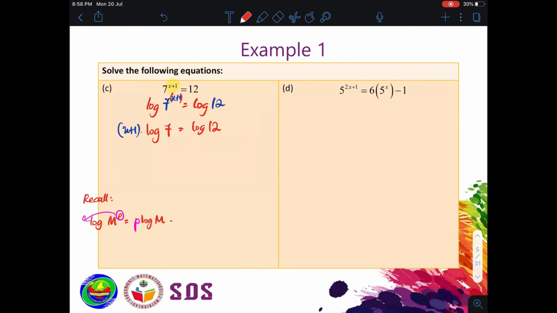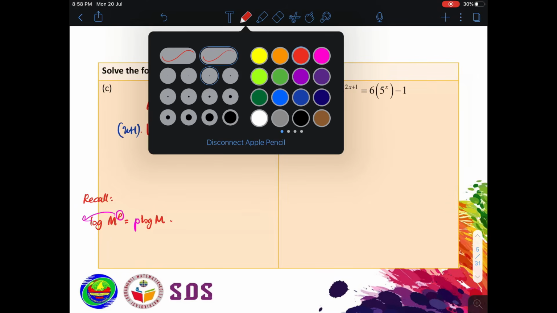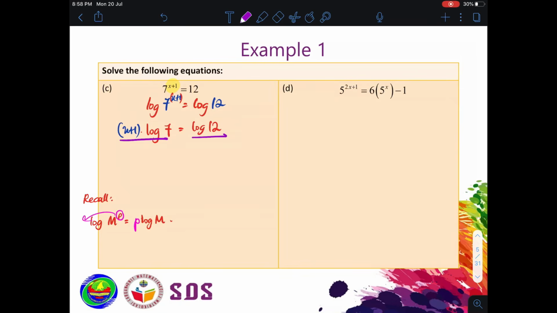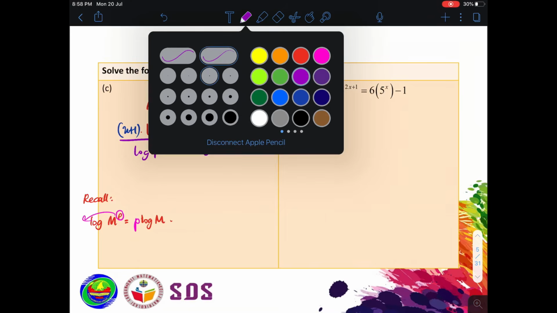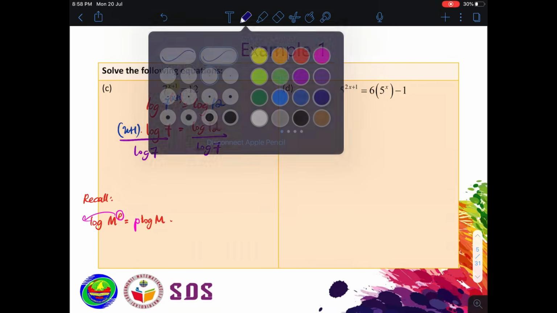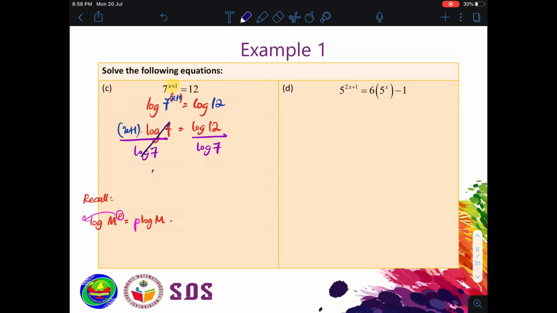And now we must divide both sides by log 7. Therefore on the left hand side, we're going to cancel it and we will be left with x plus 1 only. And then on the right hand side, we're going to have this part.